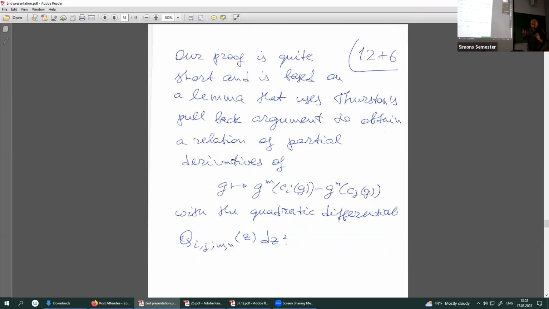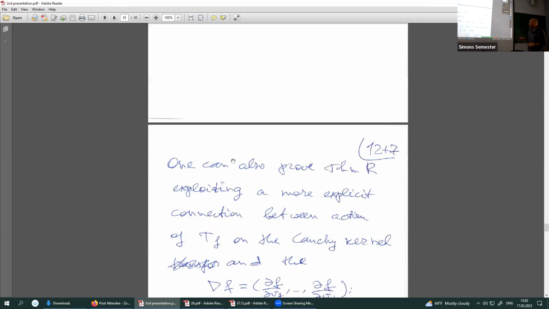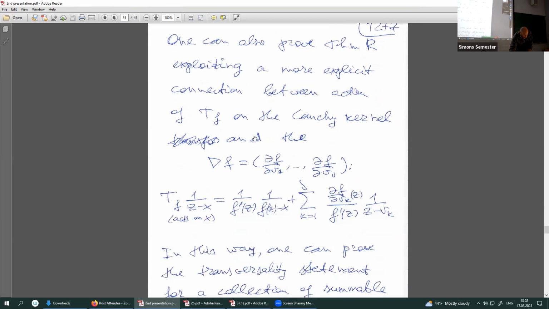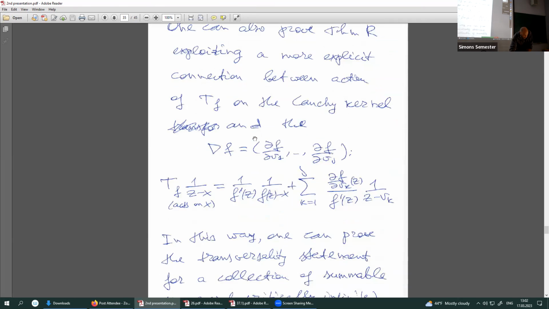But that's another task, how to choose this collection F. There is some algorithm in the paper for how to choose this F, but that's not related to this transfer operator. I didn't tell you the proof, but another proof.